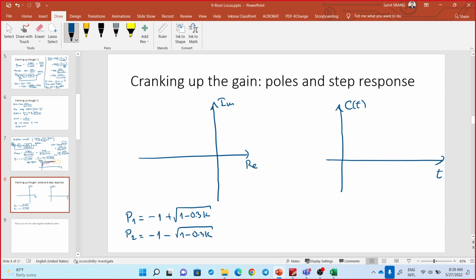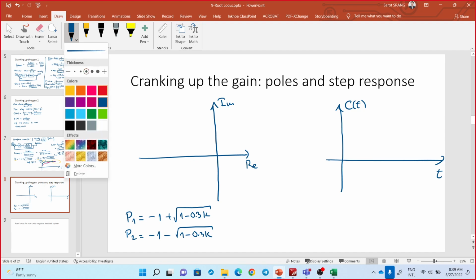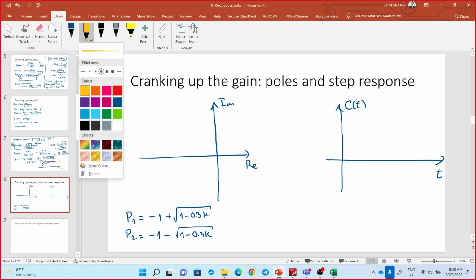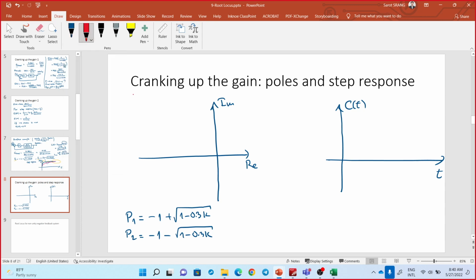So when k equals 0, we have two real poles. The first pole is 0, and the second pole is minus 2.